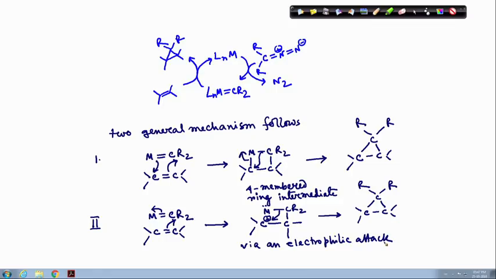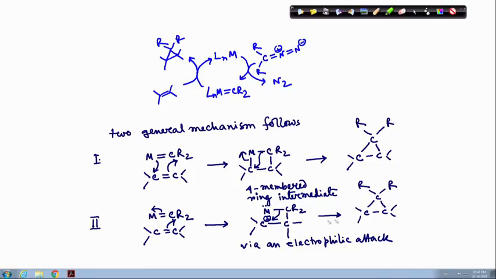Here we have to keep in mind that this type of cyclopropane synthesis is stereospecific in general. So, if mechanism 2 is responsible, then the product formation step should be more rapid than single bond rotation.